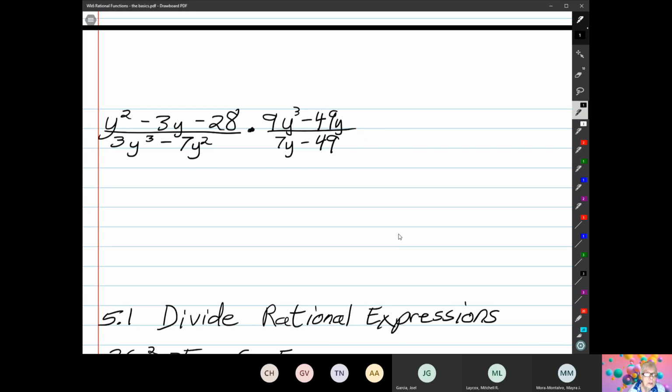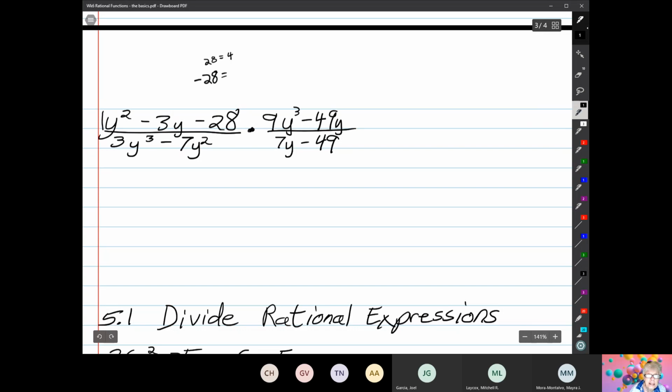Y squared minus 3y minus 28. Well, let's deal with 28 because there's a 1 in front of that y squared. So I take negative 28, and I look at the different numbers. The most common breakdown of positive 28 is 4 times 7.